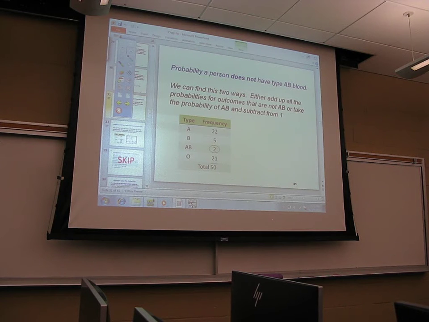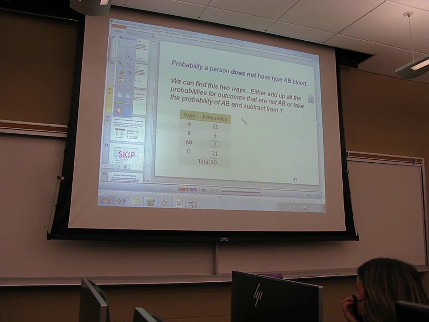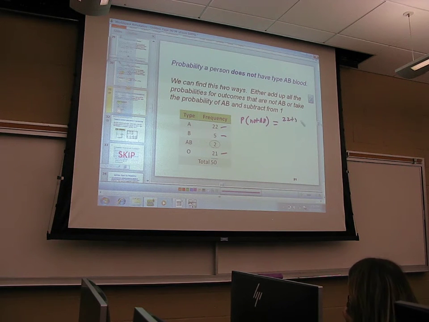So, the probability a person does not have type AB blood. What's the probability that they have AB blood? 2 out of 50. So for the probability they don't have it, there are 2 different ways you can find it. So probability of not AB, I can take these guys and add them up. 22 plus 5 plus 21 out of 50.